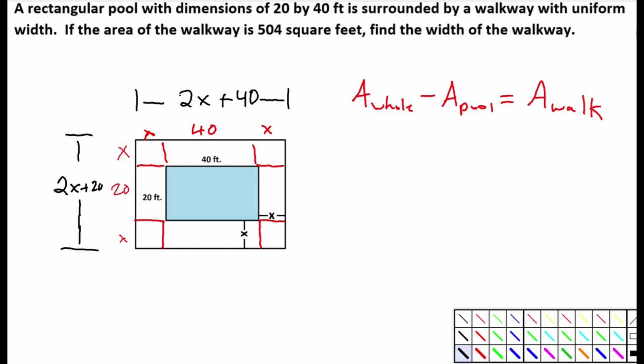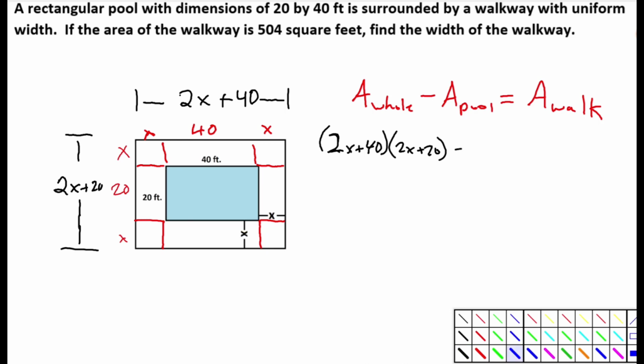So if I wanted to write an equation, what is the area of the whole thing, the walkway and the pool included? Well, the area would just be length times width, so that would just be 2x plus 40, and then times, what else? 2x plus 20. Okay, and then we're going to subtract.